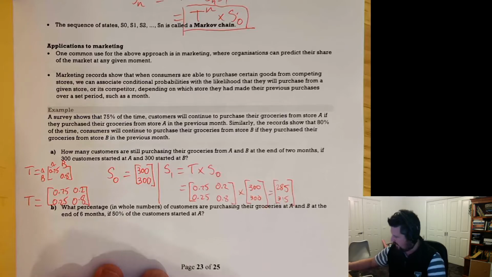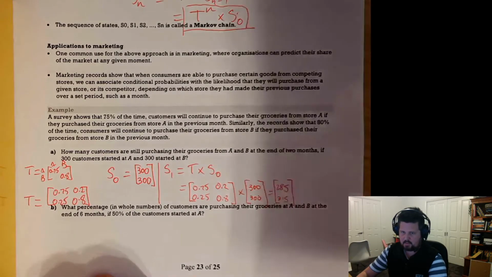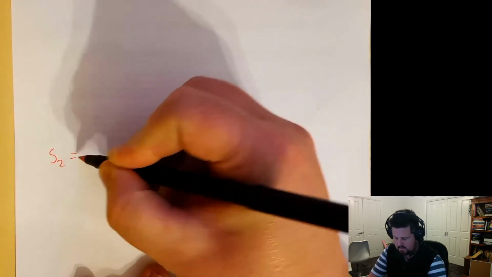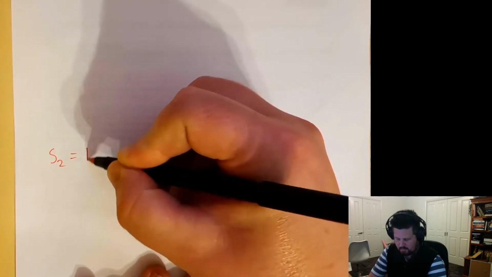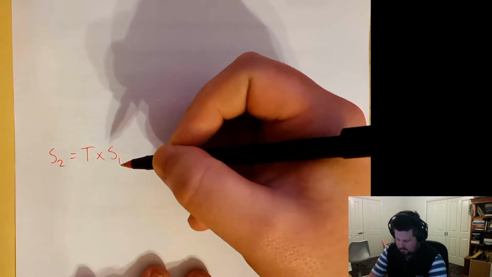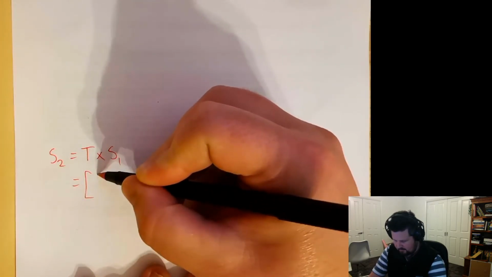Just working over the page here, we'll now do step 2, or stage 2. Stage 2 will be the transition matrix multiplied by the stage before this, which was S1. Again, from our previous part, we had the transition matrix.